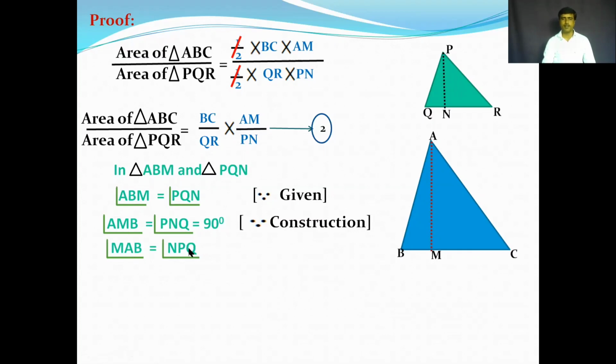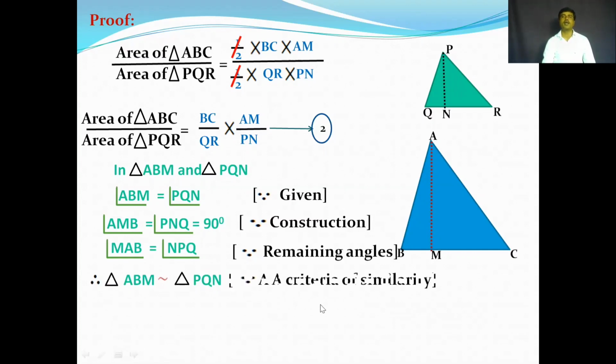That means the third angle must also be equal, then only it can measure 180. So I am writing the reason as remaining angles. So this is A and this one is P. Using AA criteria, I am writing triangle ABM similar to triangle PQN. The reason is AA criteria of similarity.